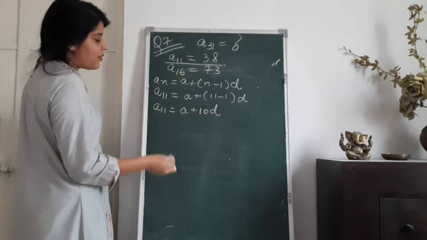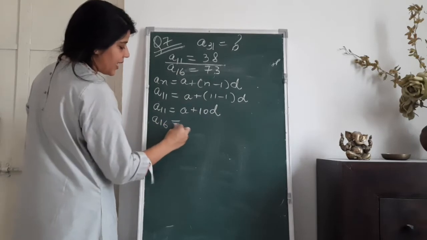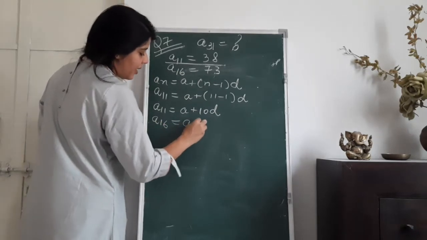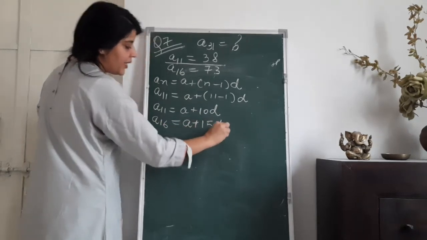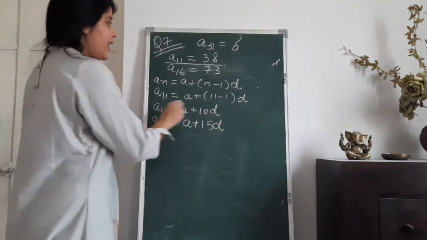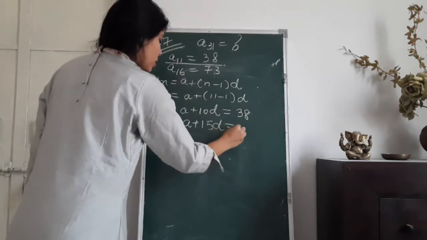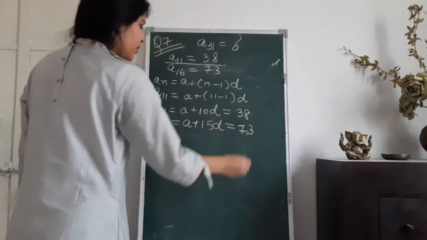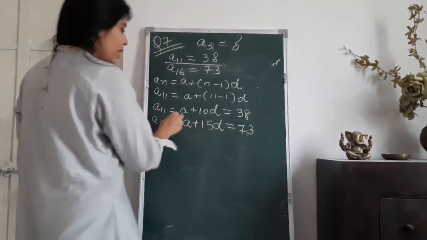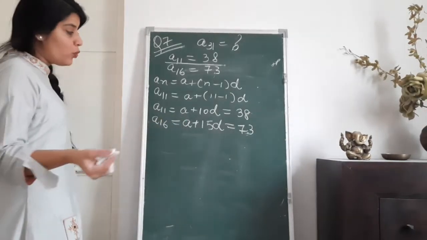In a similar manner, if I put N equal to 16, I will get A16 is equal to A plus 15D, right? Now A11 is equal to what? 38, and A16 is equal to what? 73. Okay, so now we have two equations and two variables.